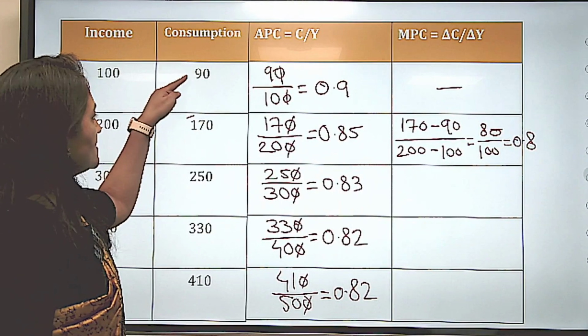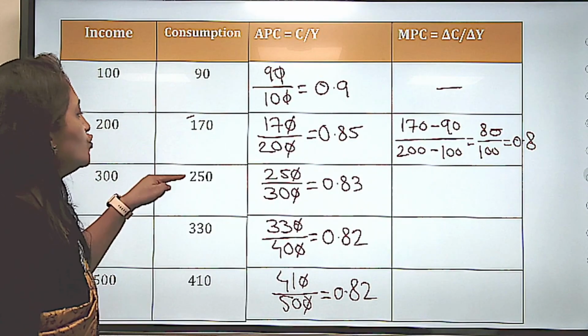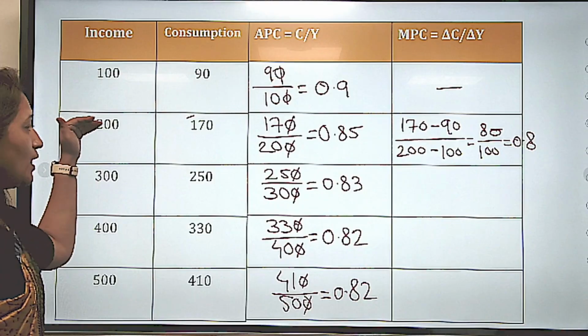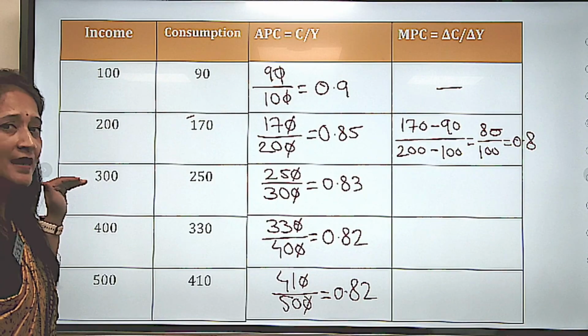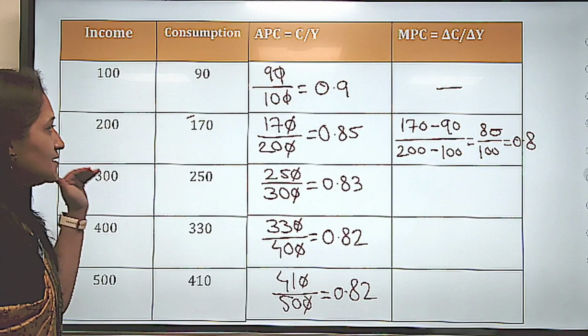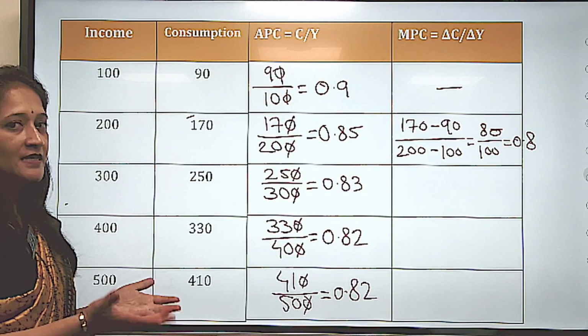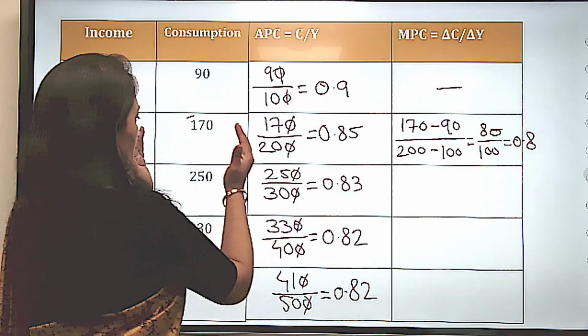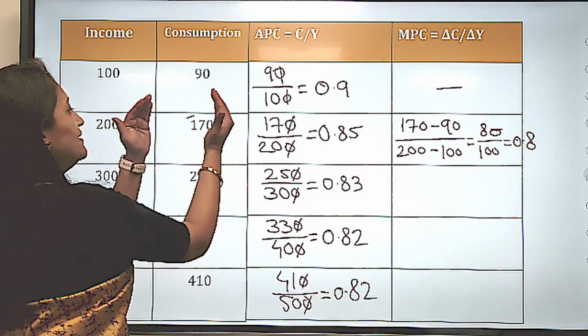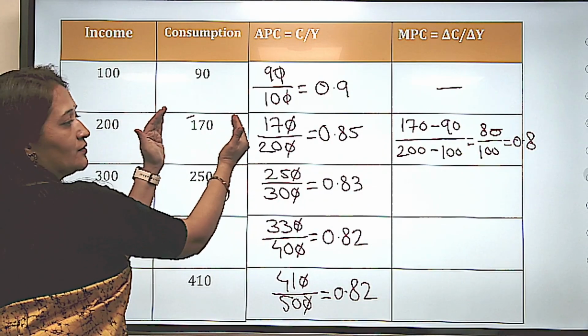Now income has increased from 200 to 300, and as a result, consumption has also increased from 170 to 250. Let's find out the change in consumption first. Current consumption minus last period's consumption.